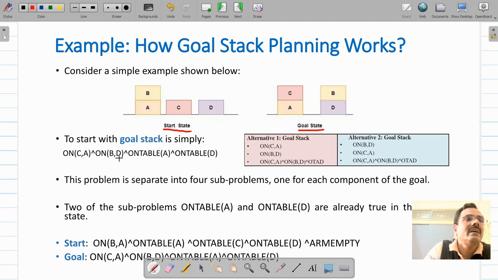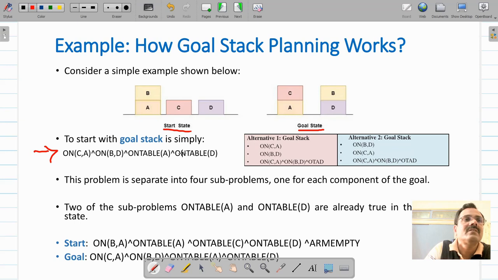The goal that you have to achieve, you can represent as: block C is on block A, block B is on block D, block A is on table and block D is on table.